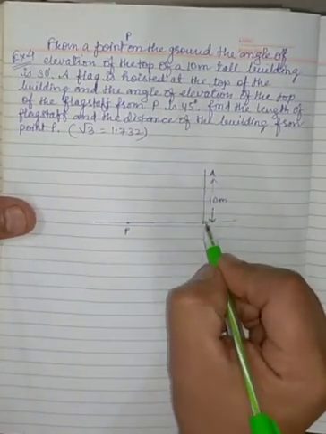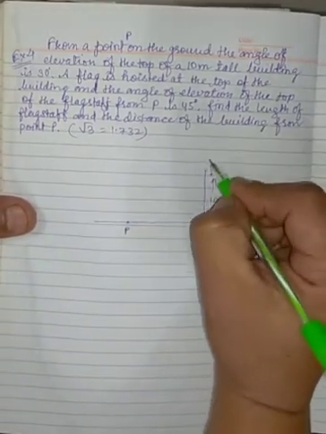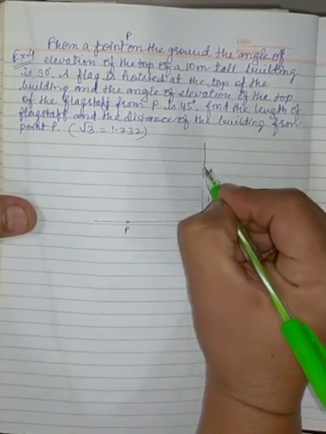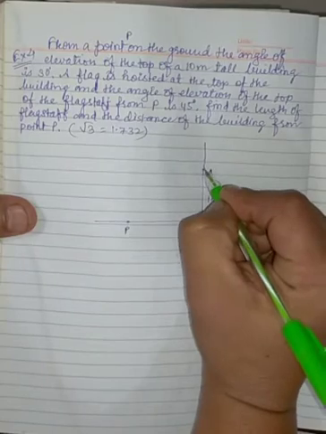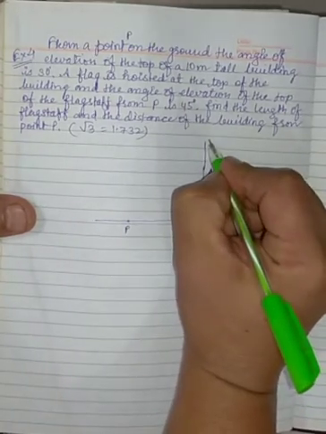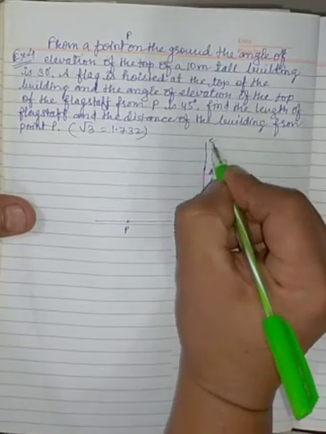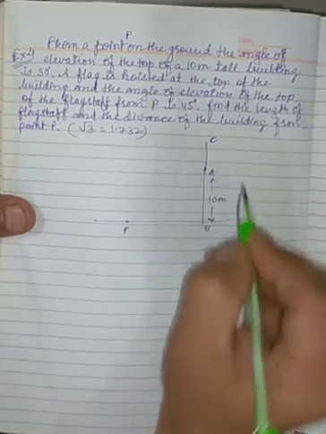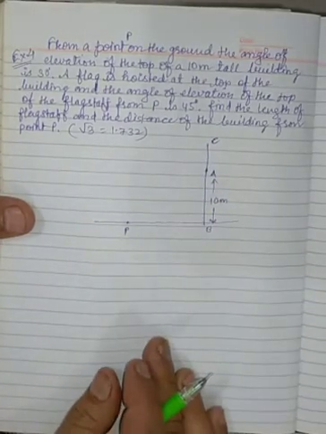On the top of the building, a flagstaff has been hoisted. So on the top of the building AB, let CA be the flagstaff whose length we have to find out.